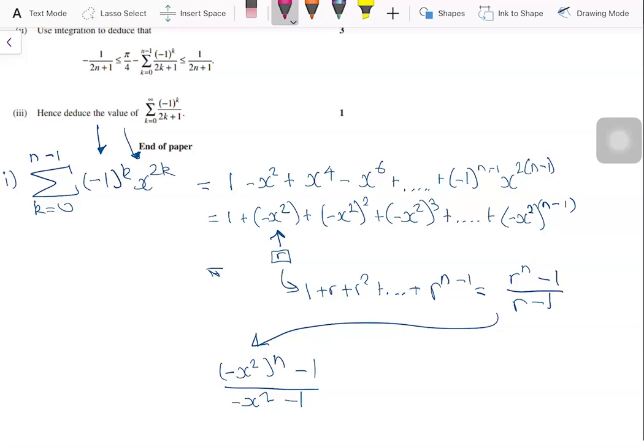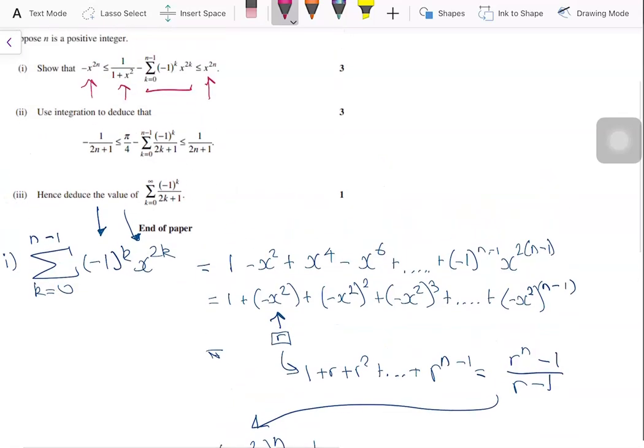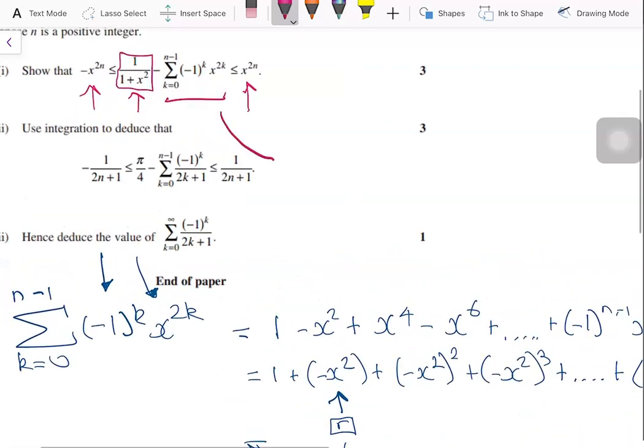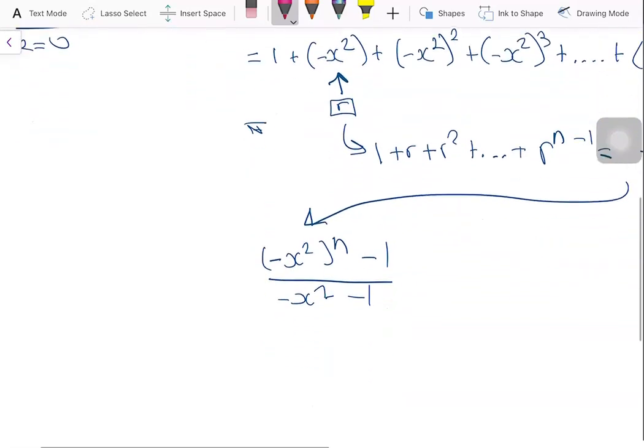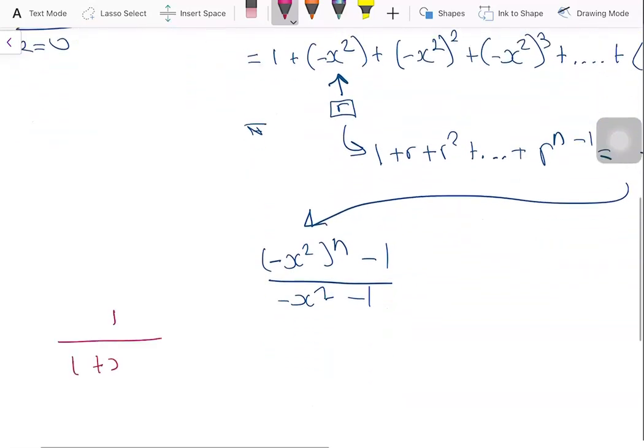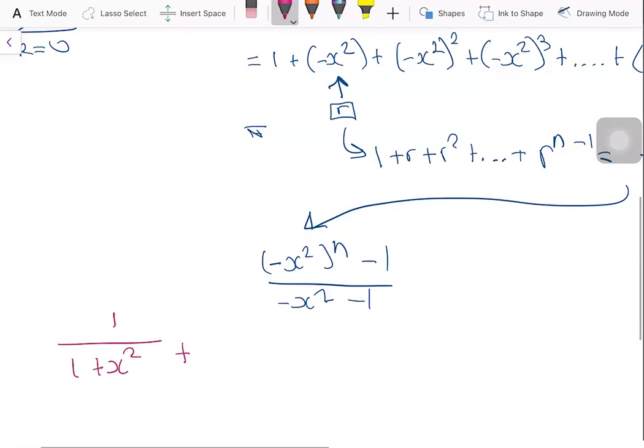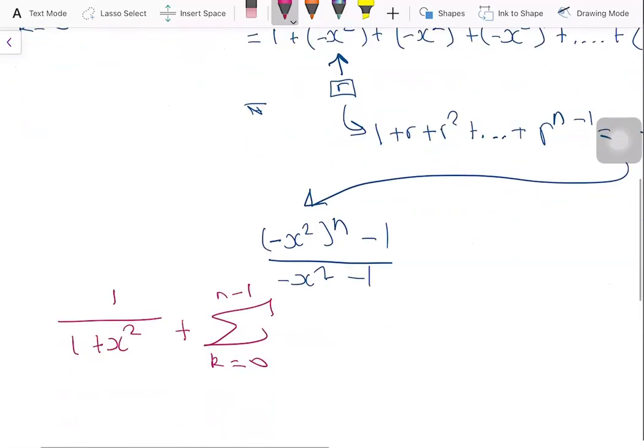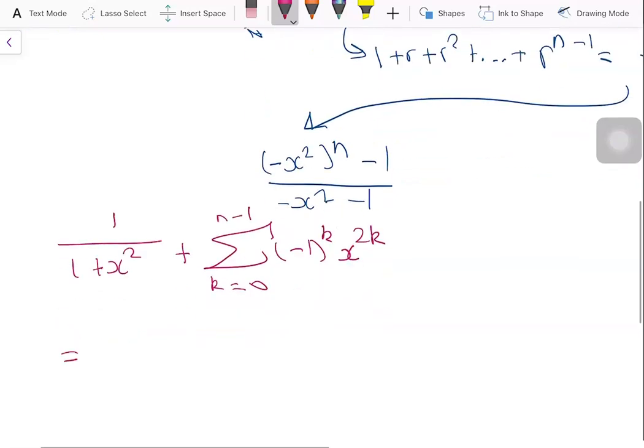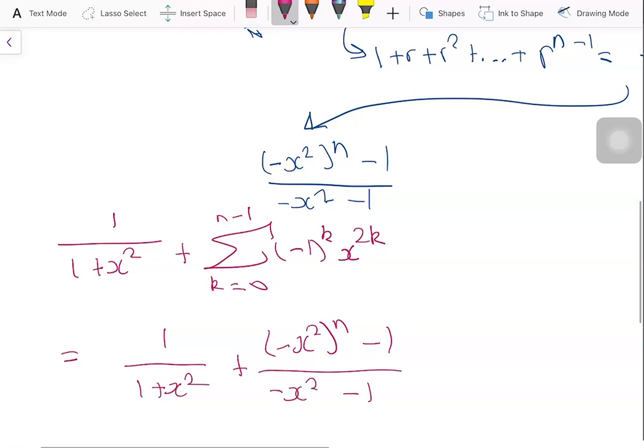Okay, so now we have to add the term 1 over 1 plus x squared to this sum. So we'll have 1 over 1 plus x squared plus the sum of k equals 0 to n minus 1 of negative 1 to the k and x to the 2k. This will be equal to 1 over 1 plus x squared plus negative x squared to the n minus 1 over negative x squared minus 1.